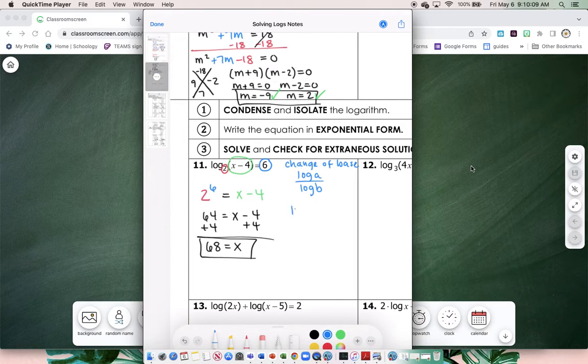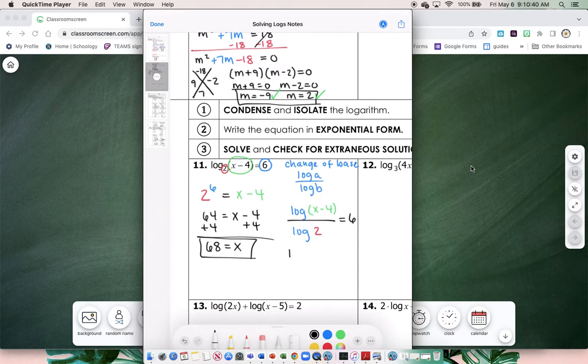So log, remember our a is what's in parentheses. I'll put it in green for us. Log of x minus 4, and we have to put that over log of b. Our b, remember, is that base, which is 2. I'm checking, though, for x, and we know we're also checking, is it equal to 6? 6 was on the right side. We need to see if log of x minus 4 over log of 2 is equal to 6.